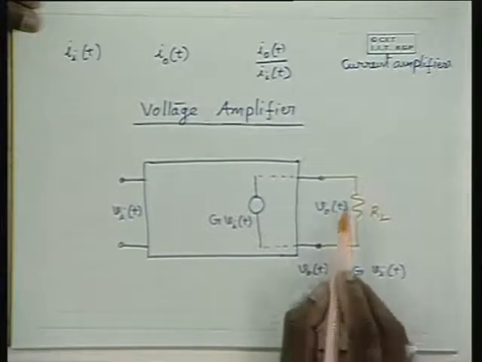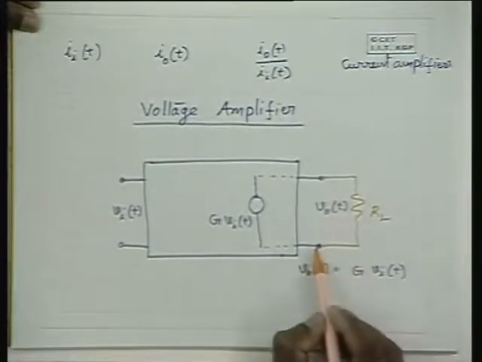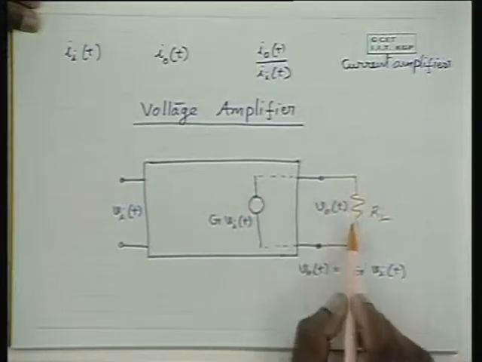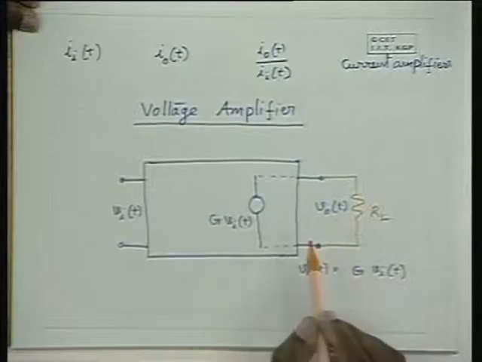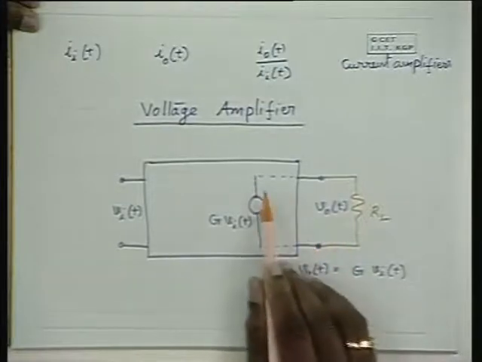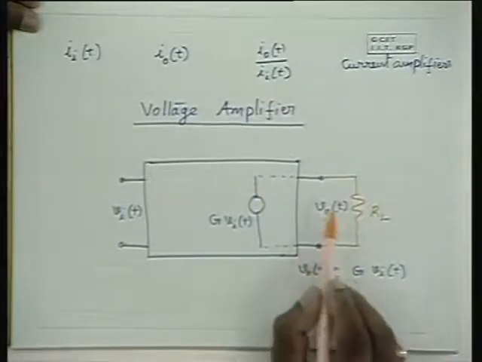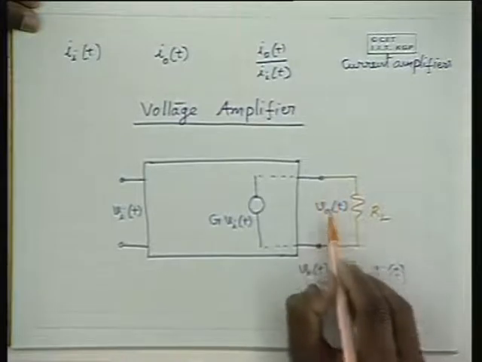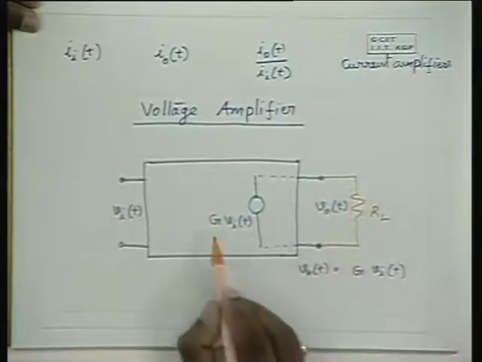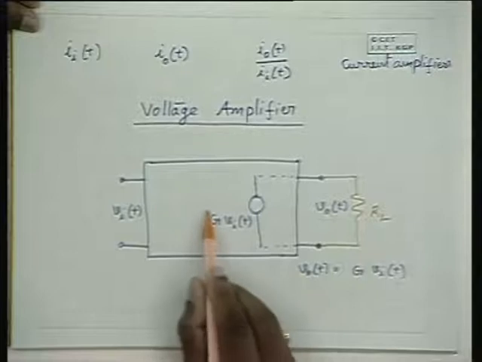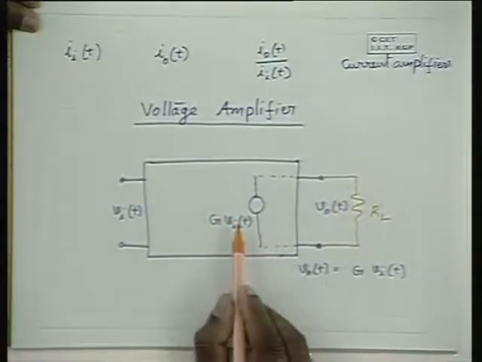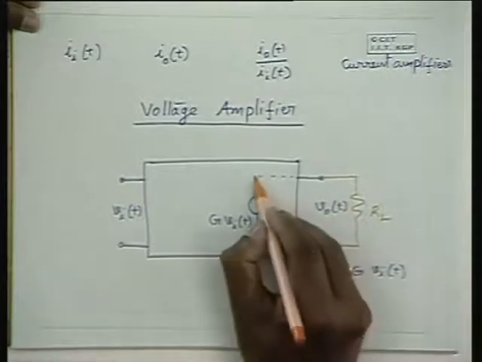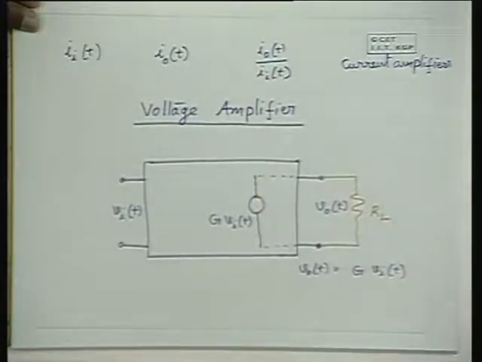If you short circuit it, for instance, you expect the output voltage to be 0, because it's a practical amplifier, not an ideal amplifier. So you will find that the terminal voltage VOT drops from GVIT.